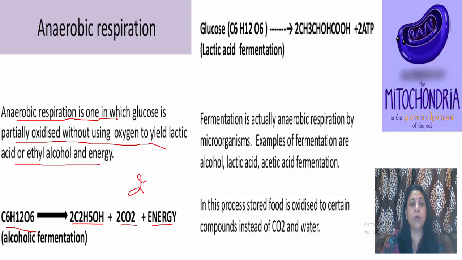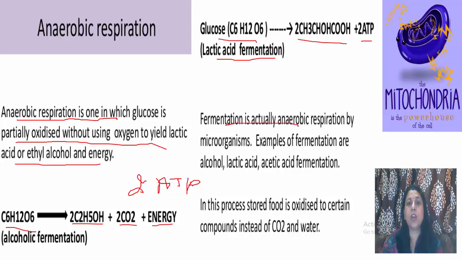Energy is in the form of 2 ATP. Whereas if this is taking place in an animal cell, then it is known as lactic acid fermentation. Fermentation is actually a type of anaerobic respiration. In this, glucose is converted into lactic acid and 2 ATPs are produced.